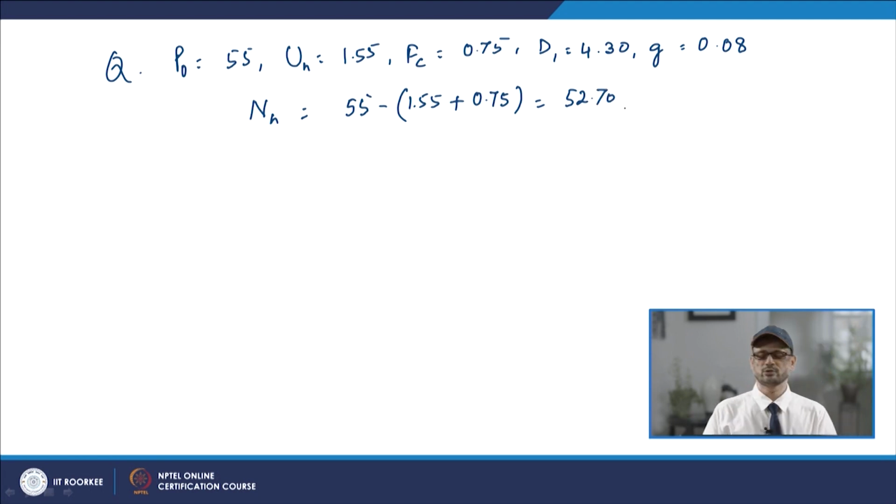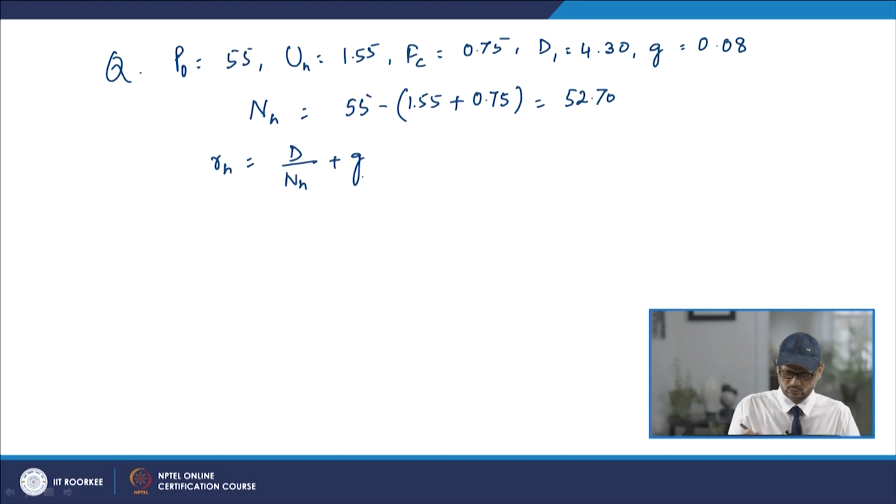So, that is the value which is basically the net proceeds, that is 52.70, and if you have to find the rate for this new stock, Rn basically will be D by Nn plus G. As we know, the dividend is 4.30, and this will be divided by Nn.